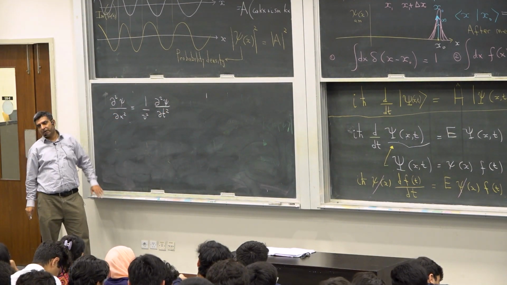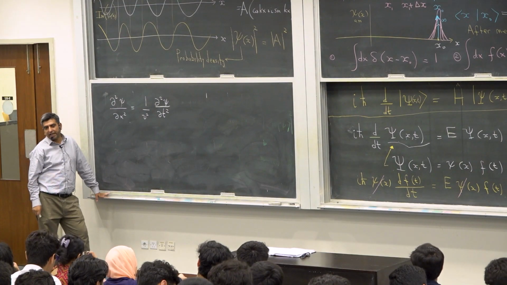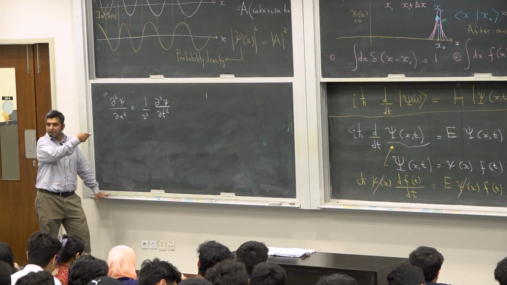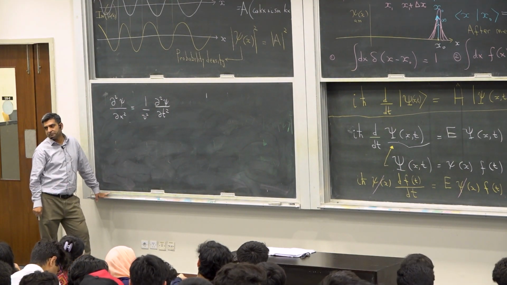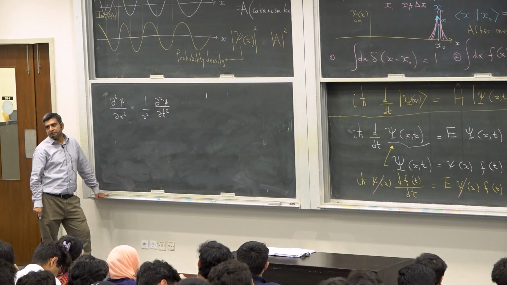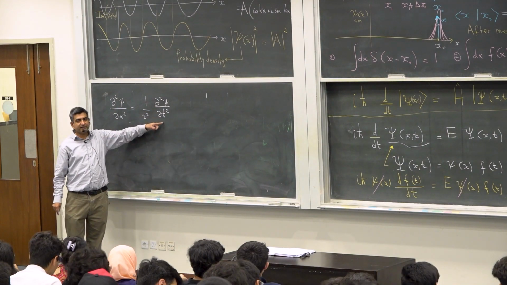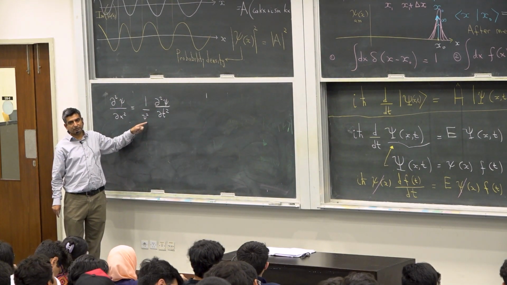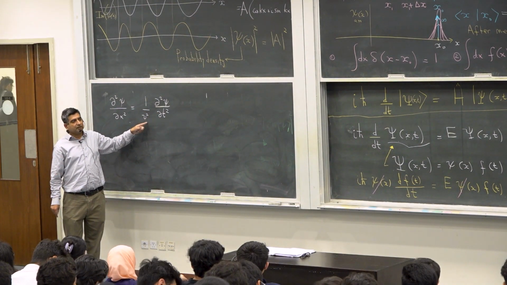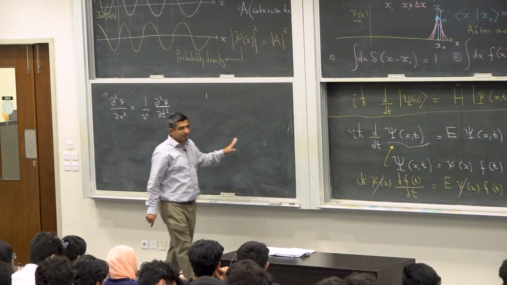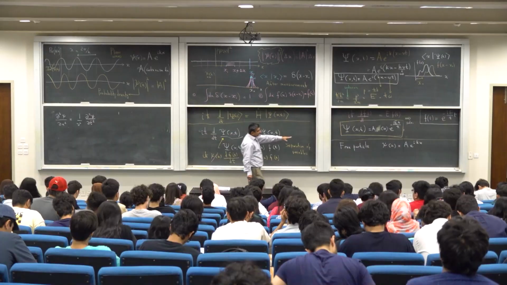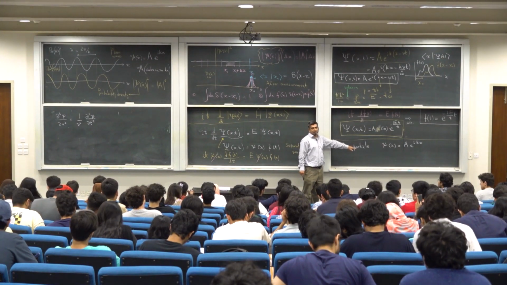This is the classical wave equation. Any classical wave satisfies this. And there's also a heat equation in which this is replaced by a single derivative and this becomes a diffusion constant.